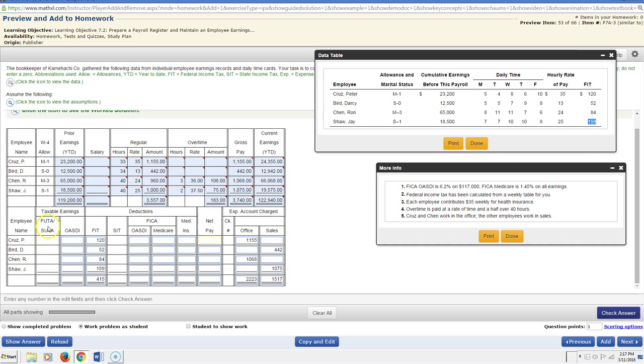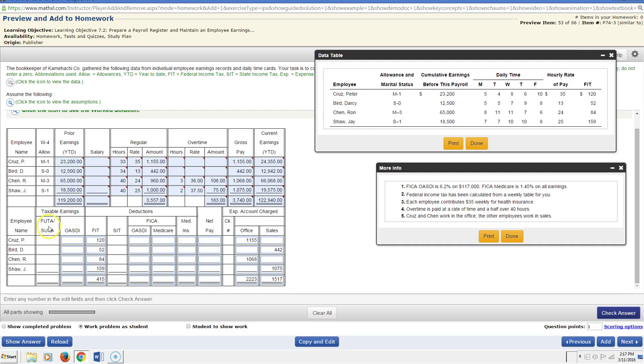Now, don't let these 2 columns confuse you for now, but the employer also has to pay taxes for unemployment, both for the federal and the state. Massachusetts has a state income tax. These are irrelevant in this particular problem.